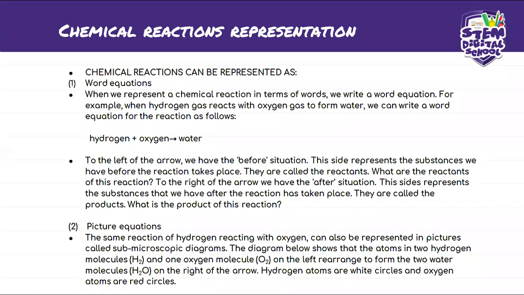Take note. The diagram below shows that the atoms in two hydrogen molecules, H2, and one oxygen molecule, O2, on the left rearrange to form the water molecule, H2O, on the right of the arrow. Hydrogen atoms are white circles and oxygen atoms are red circles.